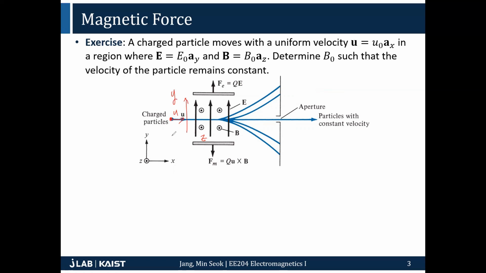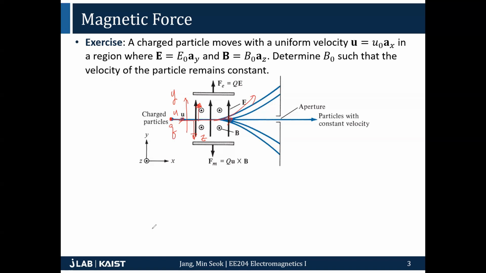So what you want is for this charge not to get deflected as it moves, right? So in order to do that, let's say the charged particle's charge amount was q, then due to the electric field, the charge wants to go in this direction, right? Upward. And then if you take u cross B, you realize that the magnetic force is applied in the opposite direction.